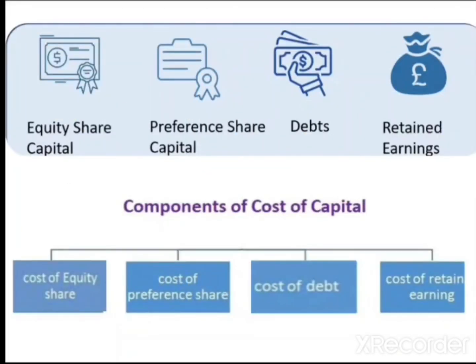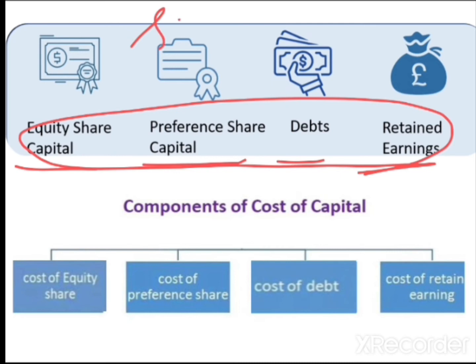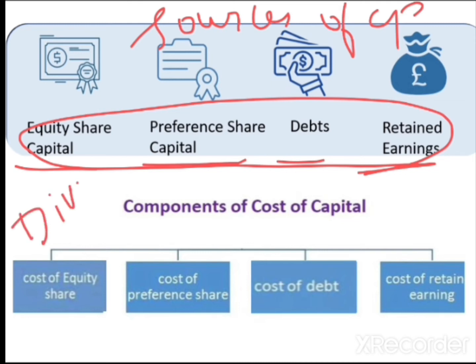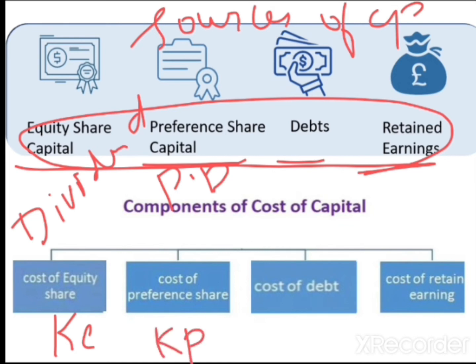Companies usually raise capital in the form of equity shares, preference shares, debt, and retained earnings. All these are the sources of capital. Return on equity, that is dividend, is called cost of equity. Return on preference shares, that is preference dividend, is called cost of preference shares.